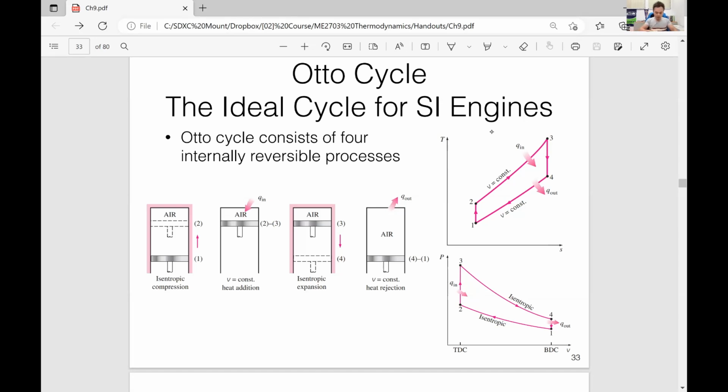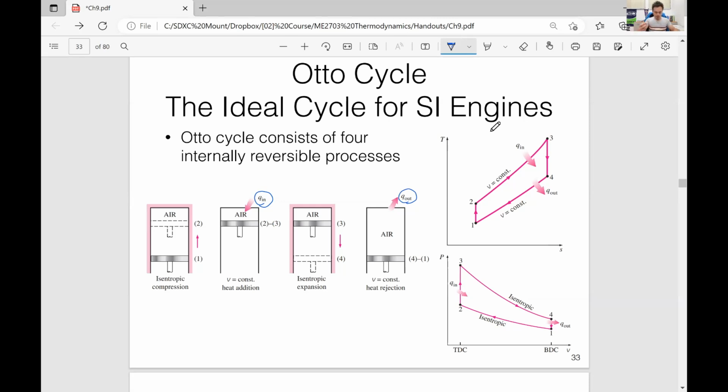In the air standard assumption, remember, we don't deal with the combustion process or the exhaust process. Instead, we use a Q-in to replace the heat addition process, which is the combustion process, and a Q-out to replace the exhaust process.